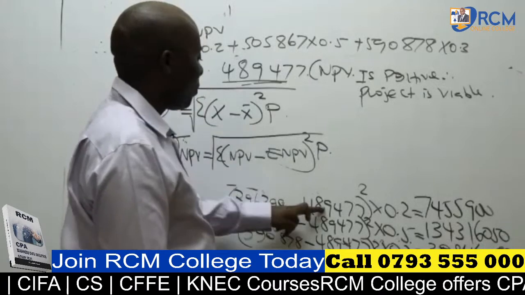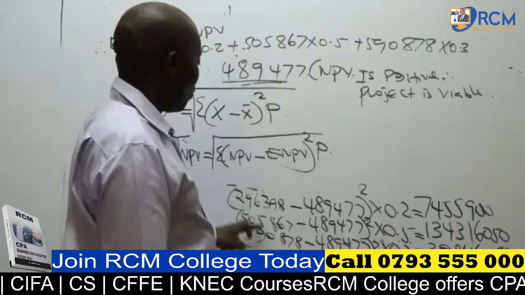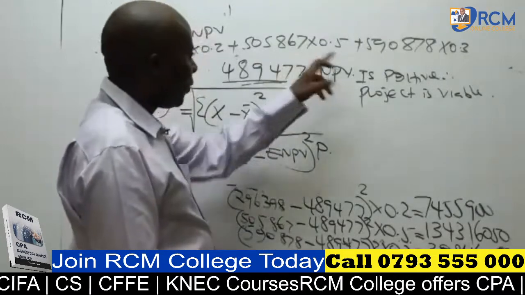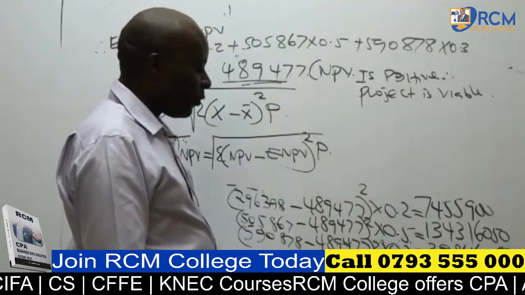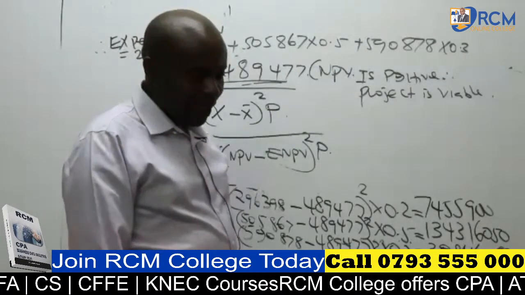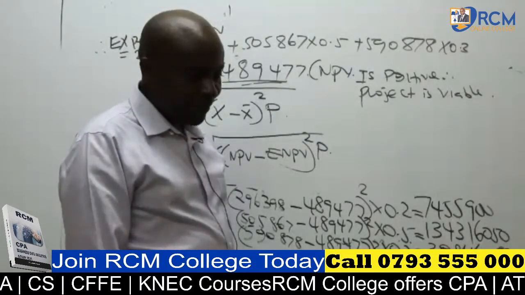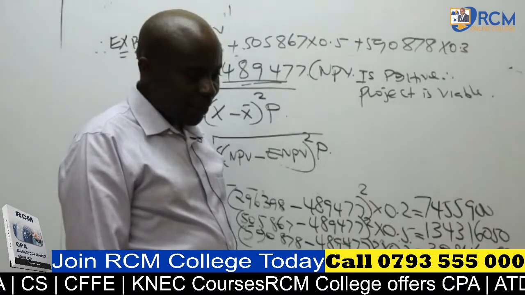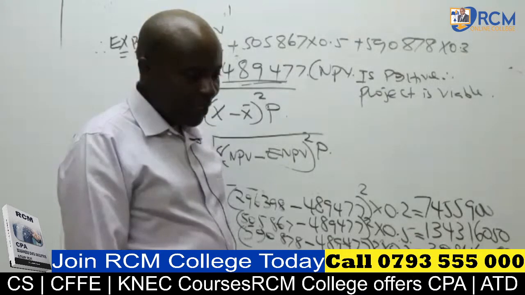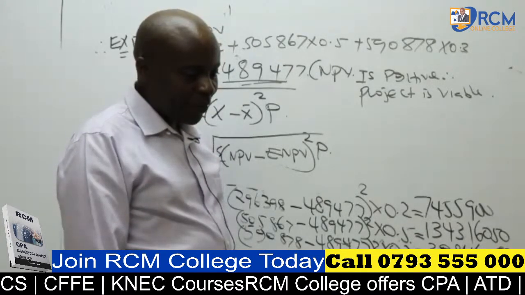This one here, put here. Second one, you put expected net present value for the second one. The third one, you put expected net present value for the third one. Can somebody help me answer that question?